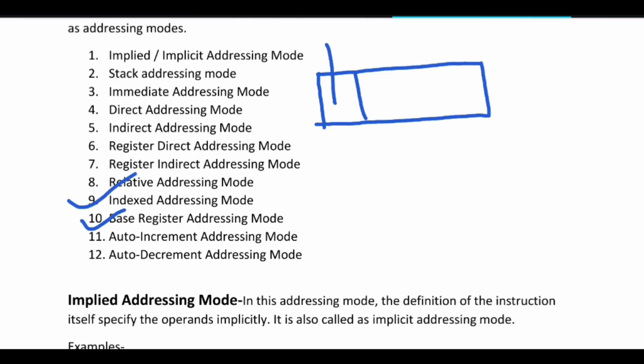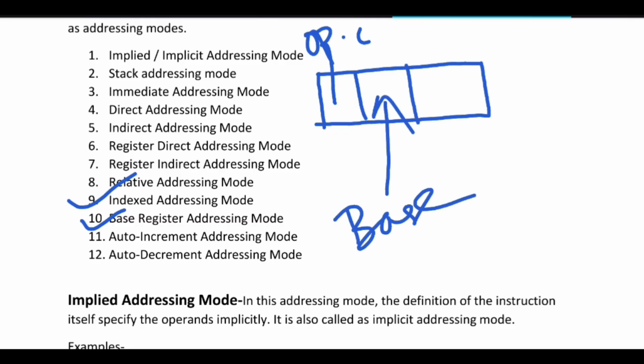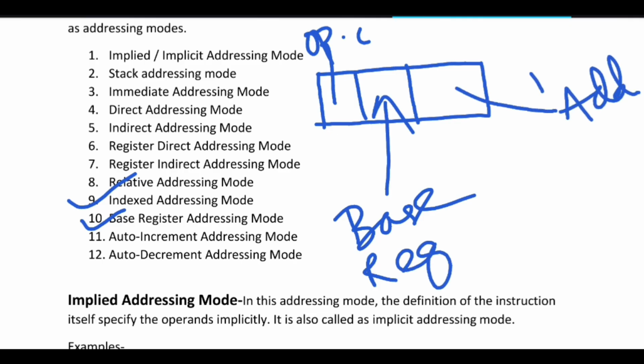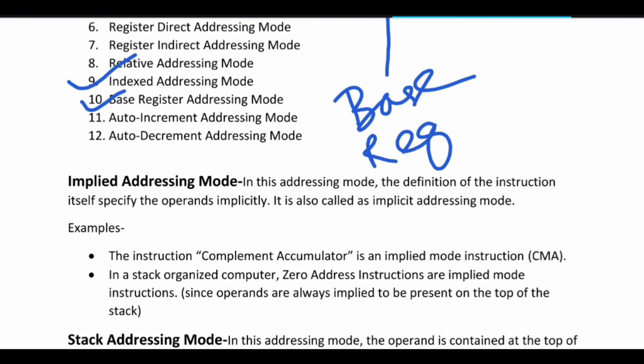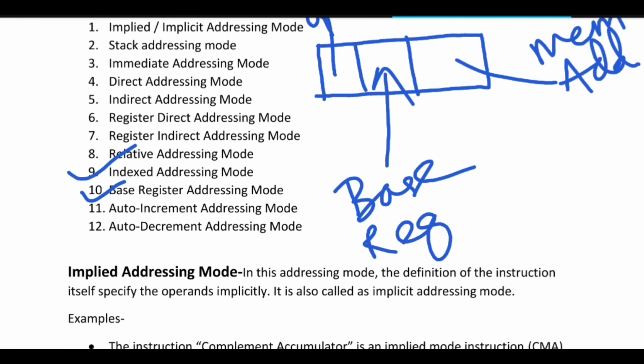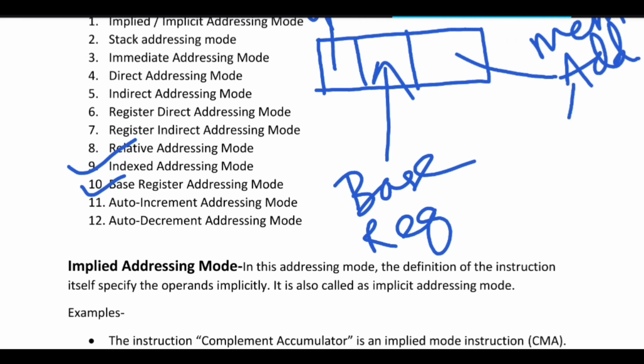This is our opcode, and this is a base register, and this is a memory address. So how can we find the second operand? We just find the second operand by adding both. Okay, this is the technique of base register addressing. Thank you.